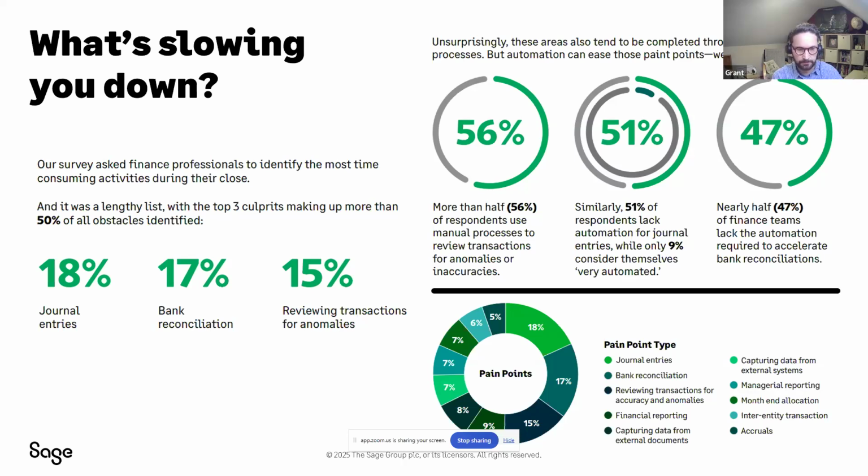It will look at the accounts you've posted to, the dimension combinations you've used, the values and debits and credits flowing through those various combinations, and it builds up a picture of what your standard posting practice looks like. Then, if anything outside of the ordinary comes into the system, it will flag that to you and send that through for approval. So it's one of the ways that AI can help with picking up some of these anomalies within the system that might be slowing down that month-end close.